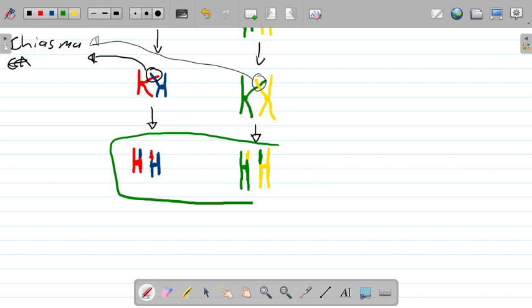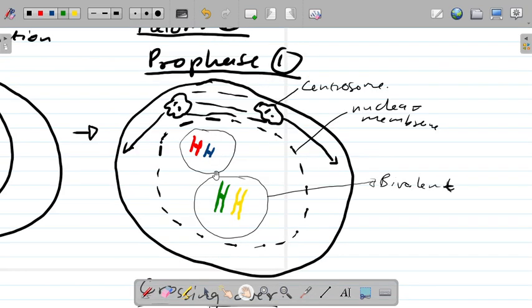So this process takes place where? During late prophase. Early prophase, what happens? All of those centrosomes move apart, spindle fibers are formed. They will connect to the centromere of each chromosome, and then your nucleolus disappears, nuclear membrane disappears, bivalent is formed, and then during late prophase, that's when crossing over happens, the exchange of DNA.